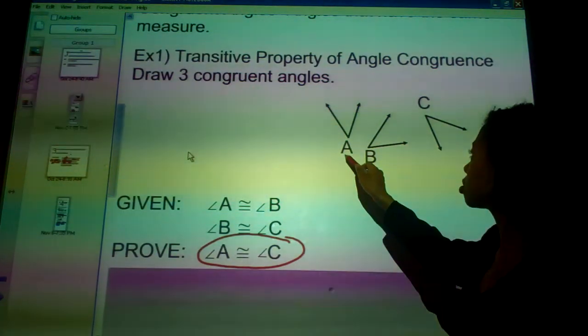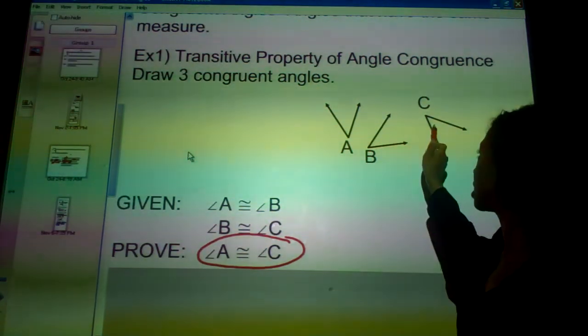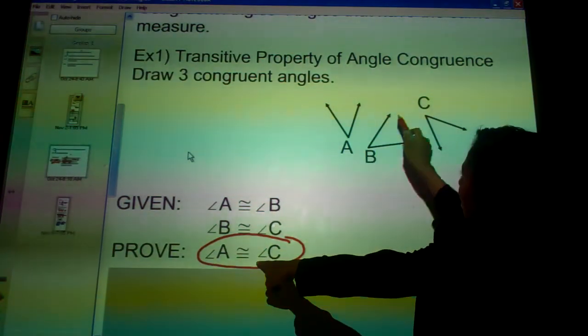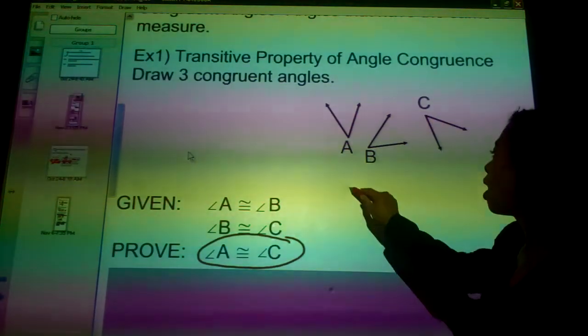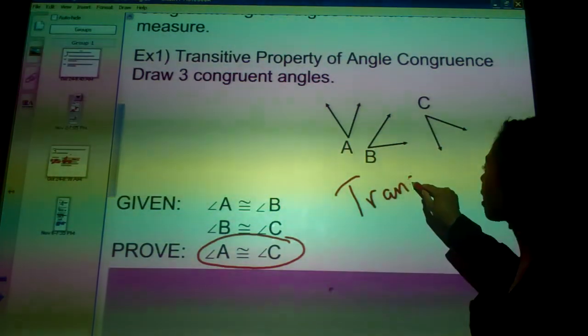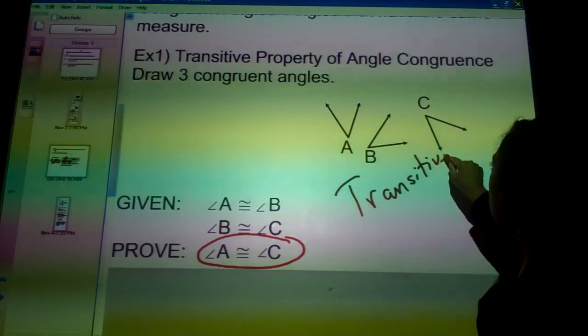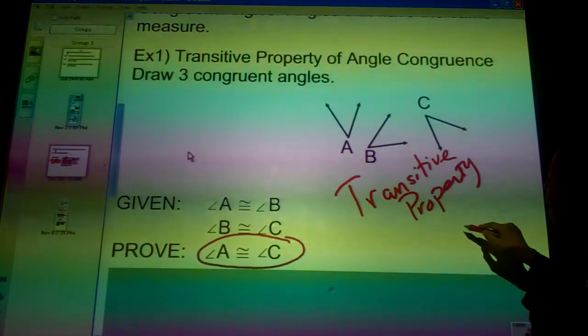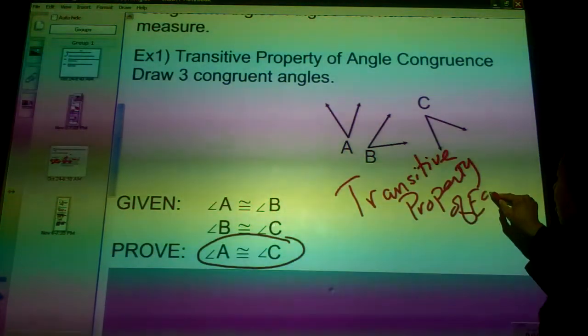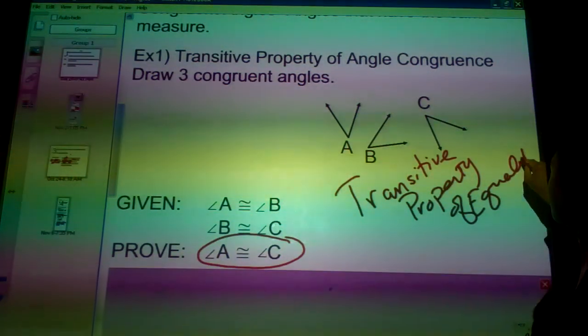A is the same measure as B, B is the same as C, and now we're asked to prove that A and C are congruent. I think I can prove that by the transitive property of equality. And so I write that down because I'm thinking that's the best way to prove it.